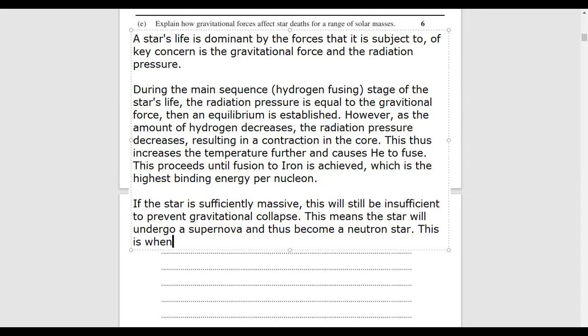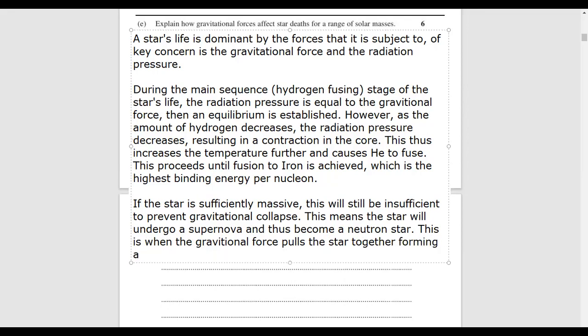This is when the gravitational force pulls the star together, forming the electron, essentially electron degeneracy, meaning electrons can no longer exist independently with neutrons only.